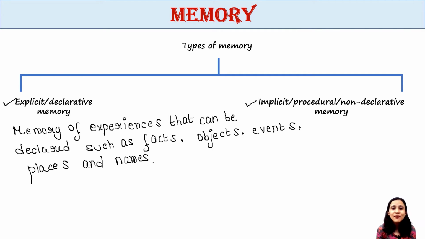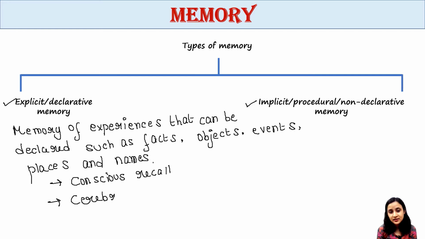Now this type of memory requires conscious recall, and it is stored in the cerebral cortex. Cerebral cortex part of our brain stores this type of memory.